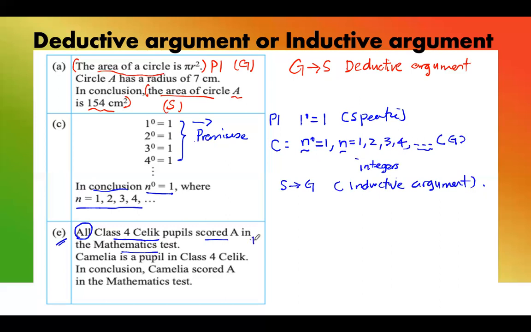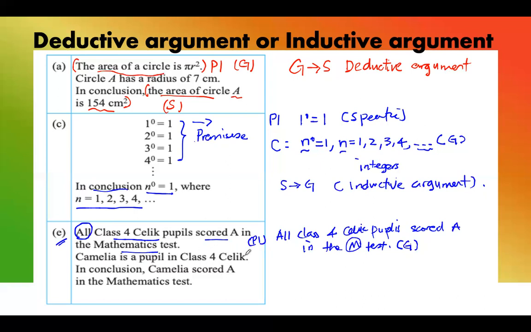All class 4 Jelek pupils scored A in the mathematics test. This is our premise 1. I use short form, you don't use short form, M test. Is this general or specific? You see here, "all" means this is general. So if general, then what is the conclusion?